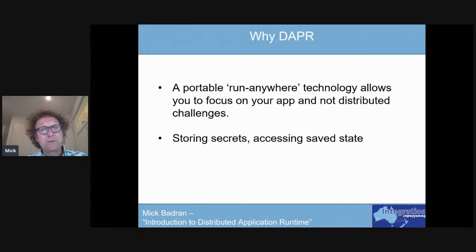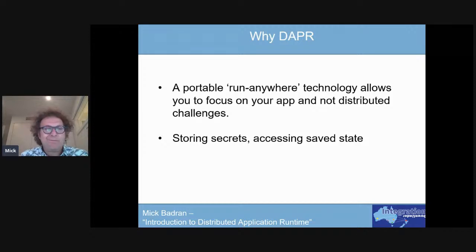If we're storing secrets, chances are you're dealing with that particular piece in 3 different ways, depending on where you're storing them. If you're storing them in Azure, most likely you're using Key Vault. If you're storing it in AWS, most likely you're using a parameter store. And if you're storing it in an on-premises solution, you're doing it a different way.